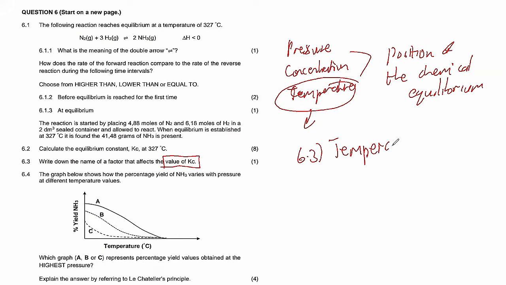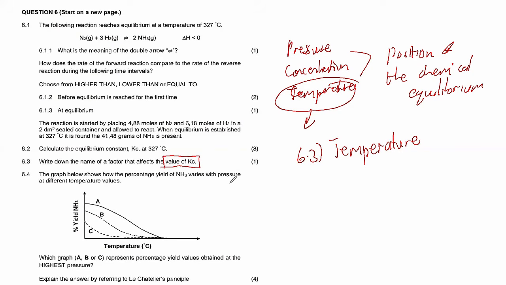So that means this one is capable of changing that ratio value there. But these other ones cannot change the ratio value. They can only shift the position of the chemical equilibrium. But they cannot change the value altogether. But the temperature is that one factor that can change the value of the Kc.